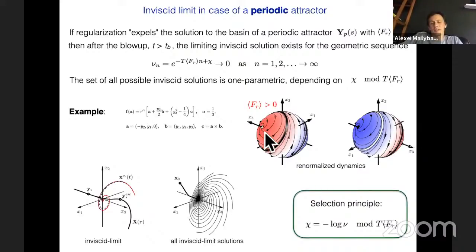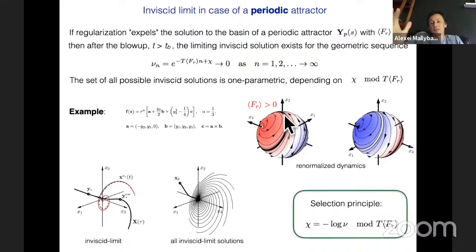We have a stable periodic cycle on the sphere, and we assume that after our solution entered the singularity, which is the origin, our regularization is such that it throws the initial condition into the basin of attraction of this cycle.